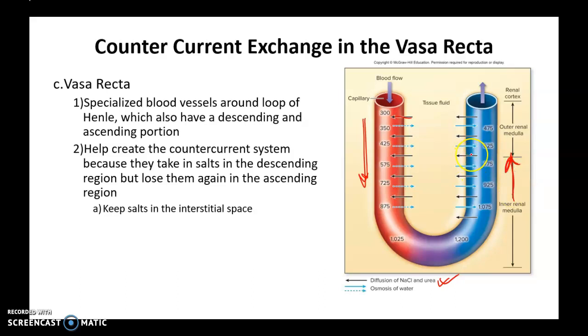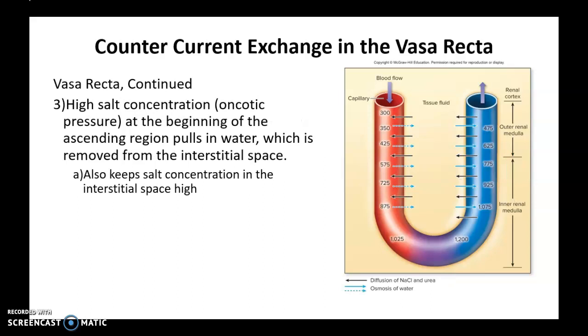Are we losing salt here from the ascending? Yes, look at the black arrows. We are losing salt here. And this mechanism helps to maintain the gradient of the medulla. Okay. So the high salt concentration in the beginning of the ascending region pulls water.